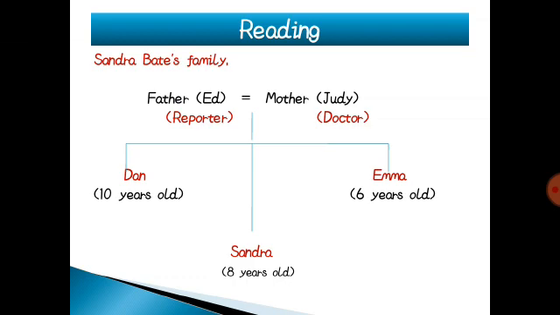Dan and Emma both are the siblings of Sandra. Dan is elder than Sandra, and Emma is younger than Sandra. Dan is 10 years old, Emma is 6 years old, and Sandra is 8 years old. The family tree gives us a quick view of a family.